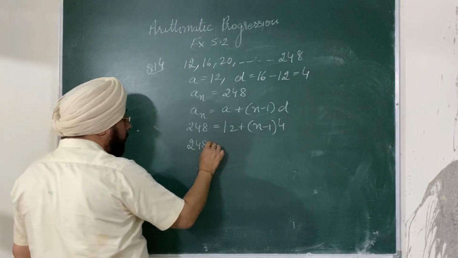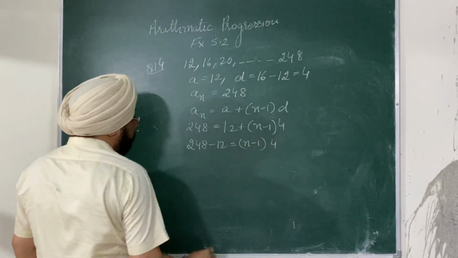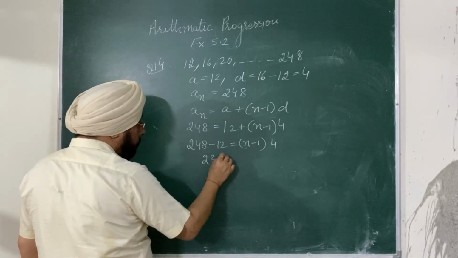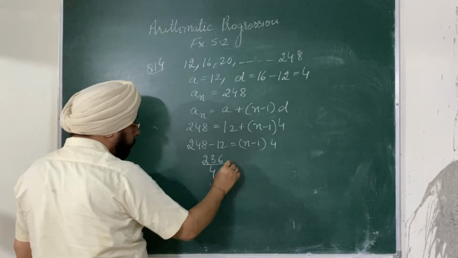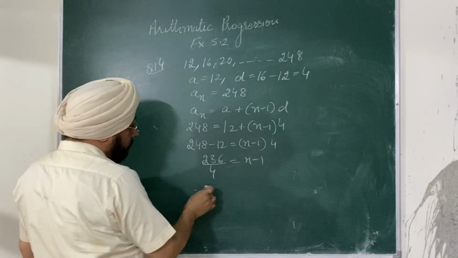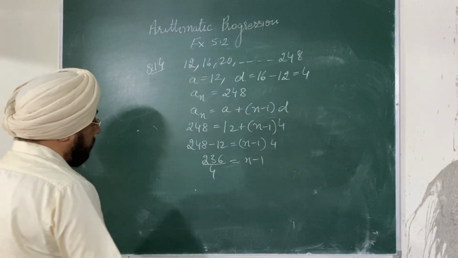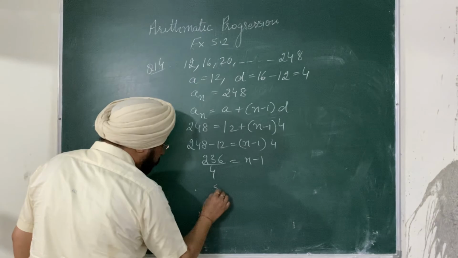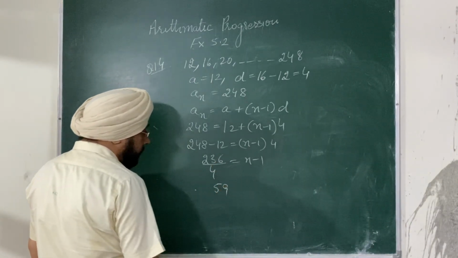This is 248 minus 12, which is equal to 236. Divide 4 to this side. We get n minus 1. So when we divide 236 by 4, we get 4 into 5 is 20, and 4 nines are 36.